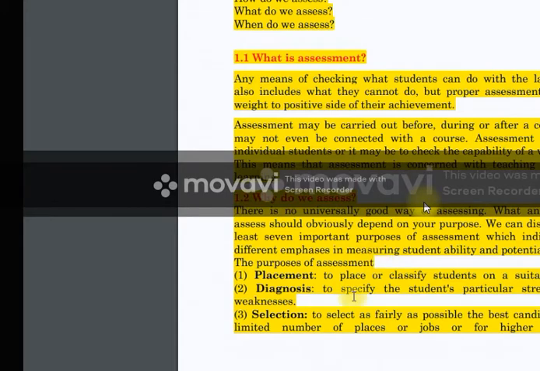Why do we need to make an assessment as an English language teacher? In order to measure the achievement of the students and what they can do with the language. Yes. So measuring students' achievement in a certain period of time.